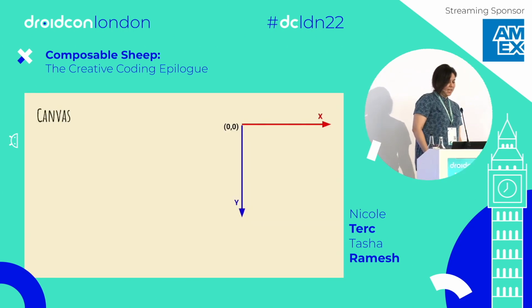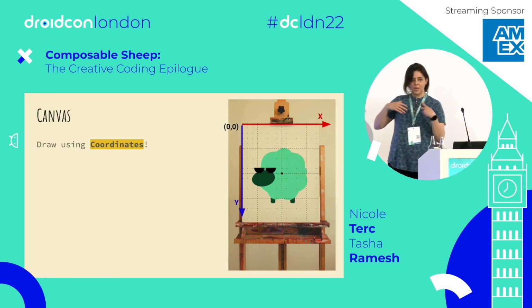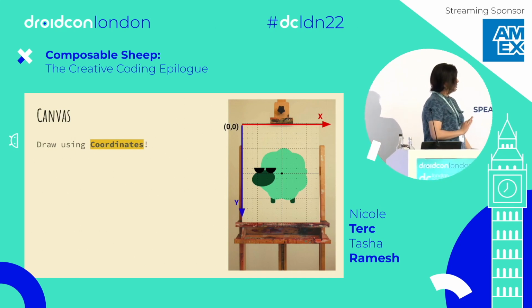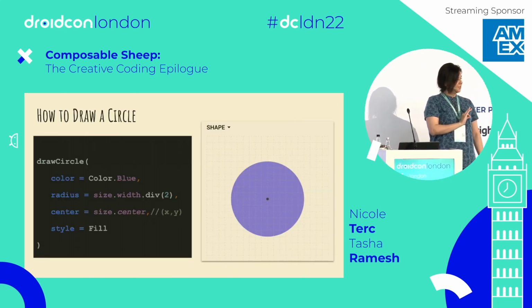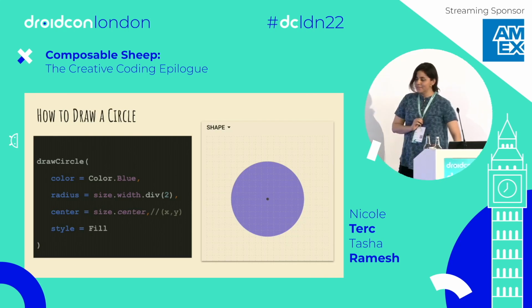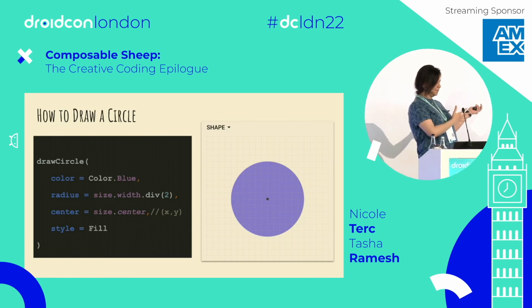As you all know, our canvas is used to draw things using coordinates. You can draw a lot of things here. You can draw squares, you can draw circles, you can draw chips, you can draw everything you want. But in this case, the most important part that we're going to use in canvas is this coordinate system and drawing circles. So, if there's anything we need to take from canvas, is to know how to draw a circle, which is as follows.